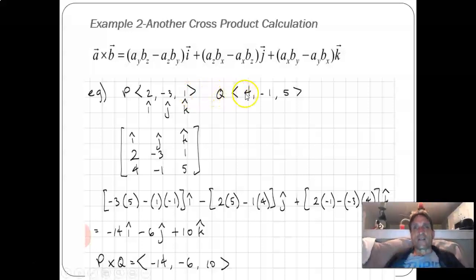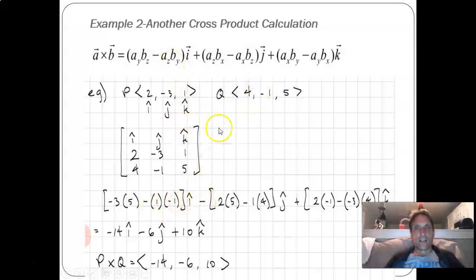Then here you have the second vector, which has 4 along the I direction, -1 along J, 5 along K. You can write it as a determinant, or we can use our cookbook here. So AY, which is what? The first vector's Y is -3. The second vector's Z is 5, minus AZ, which is 1, times BY, which is -1.